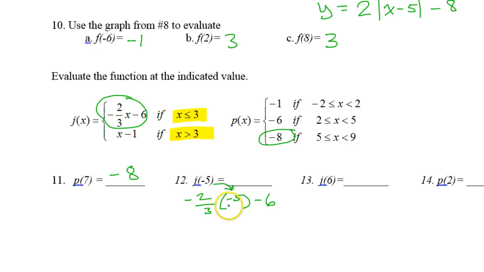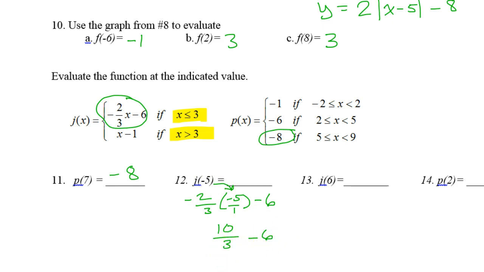To fix this, think of this as -5/1. So -2 times -5 is +10. So really I have +10/3 minus 6. It's a little ugly, but we have to deal with it.